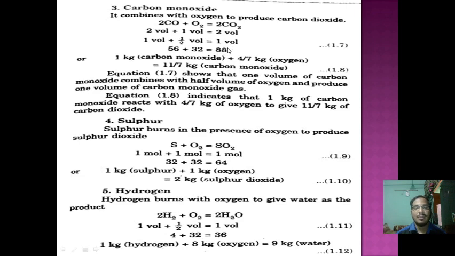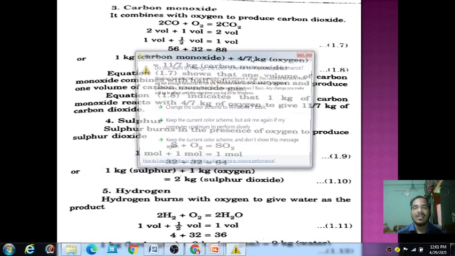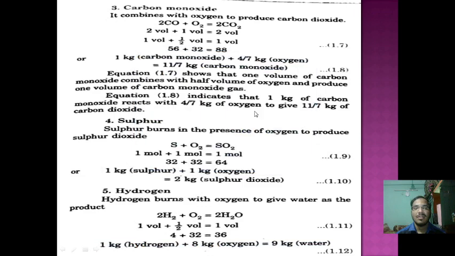88 is represented as 11 by 7 kg of carbon dioxide that is produced after the combustion in the cylinder. 1 kg of carbon monoxide we are using, plus 4 by 7 kg oxygen.